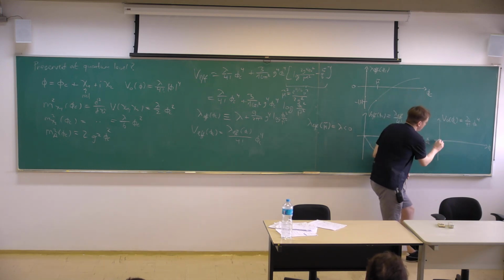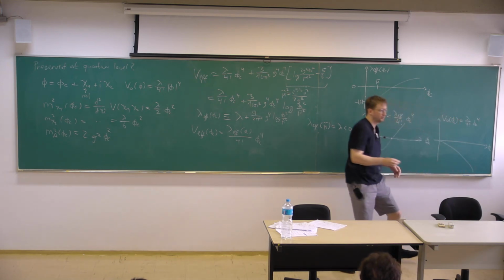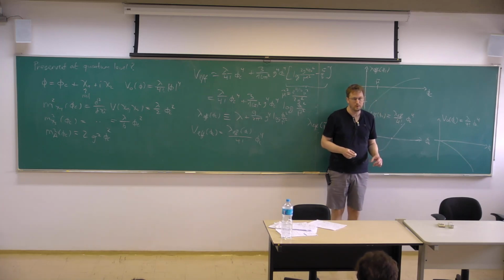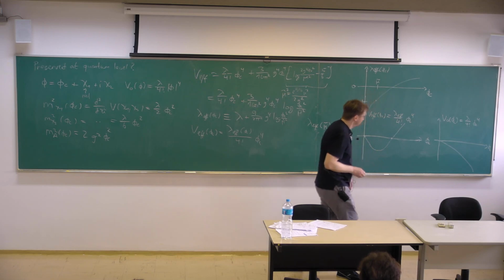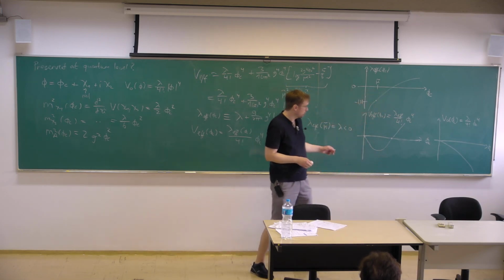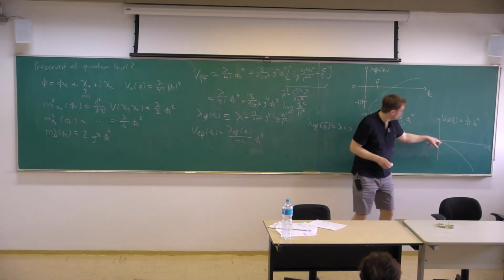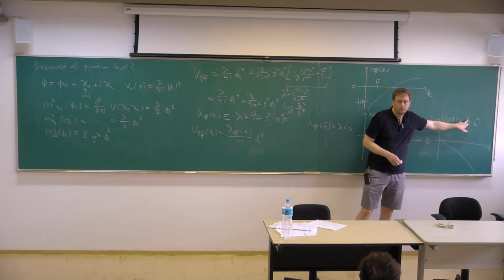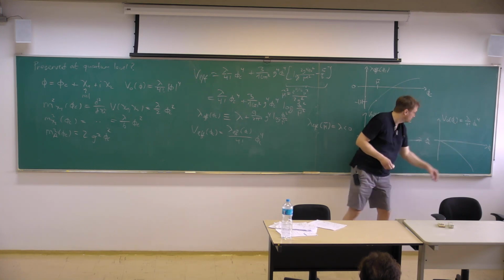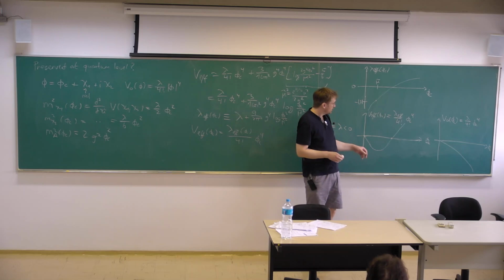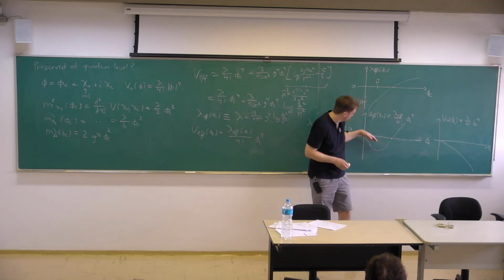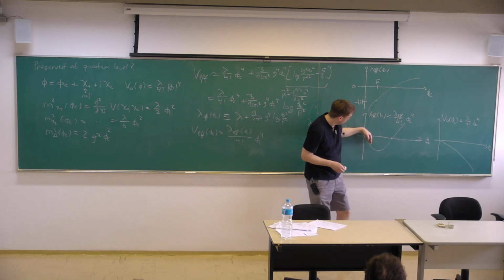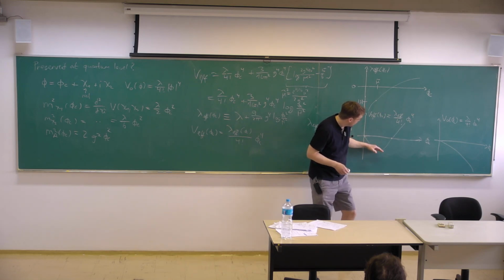So at tree level, the potential just looks like this. It doesn't have a minimum, right? It just keeps going down. And now what the quantum corrections do is correct the coupling that enters here in a way that the coupling turns from being negative to being positive. So this is why I first go down, because the coupling is negative, and then I go up again.